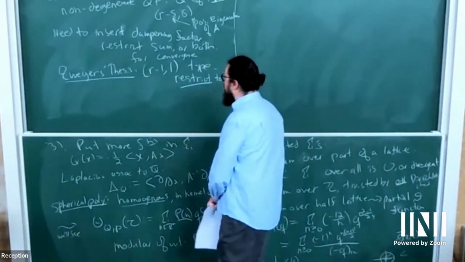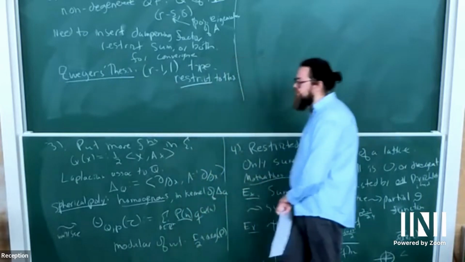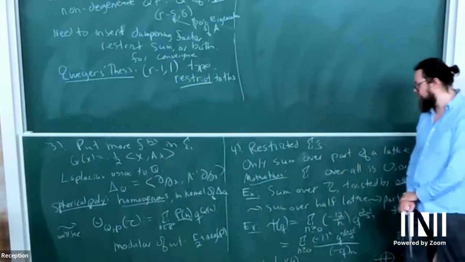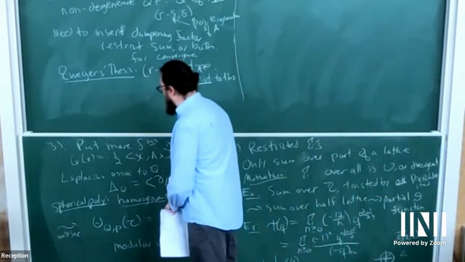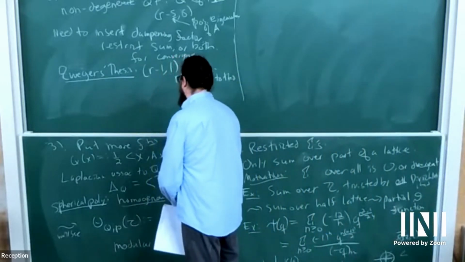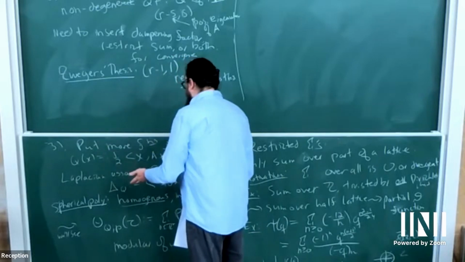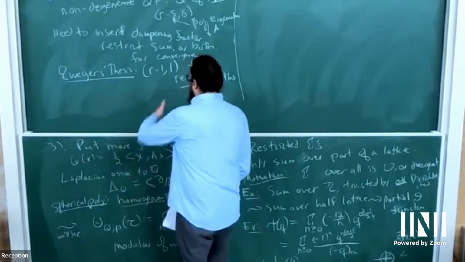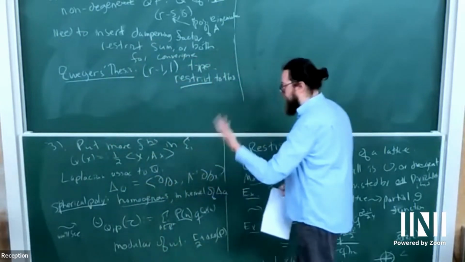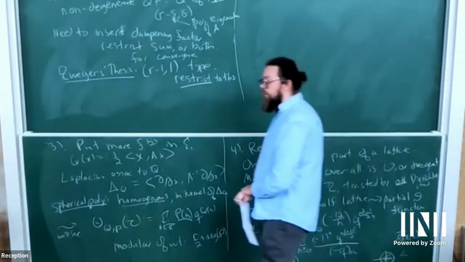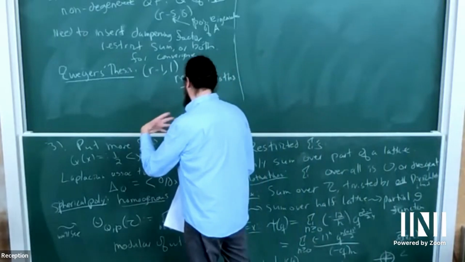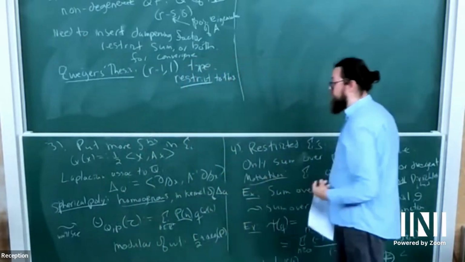Zwegers actually didn't know about Vignéras' theorem when he first wrote his thesis, but you can see him basically writing down the same kind of thing. I mentioned the Gaussian is its own Fourier transform, and Zwegers even has a sentence in his thesis. He said something like, we want to insert some dampening factor. Essentially, we want to compute that this is essentially its own Fourier transform. And Vignéras just figured out a very general condition on when you can guarantee that.